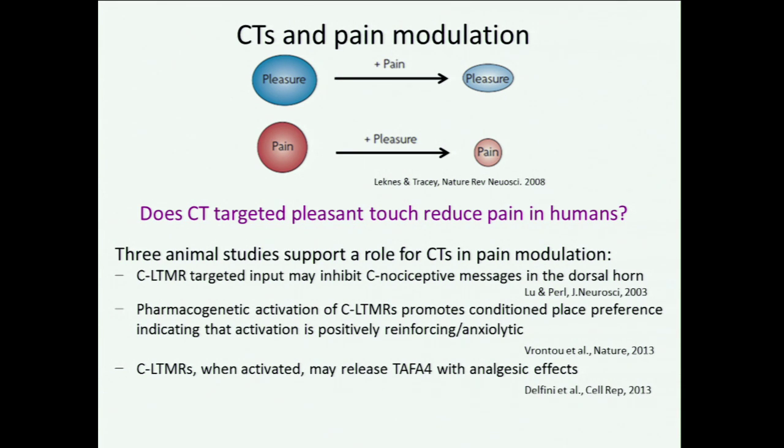And there's the Vrontou paper that Johan has talked about, where pharmacogenetic activation of the MRGPRB4 expressing neurons affects conditioned place preference testing, suggesting an anxiolytic role. And then there are the studies by Emmanuel Bourdinet's group showing that CLTMRs may release a protein called TAFA4, which has analgesic effects.